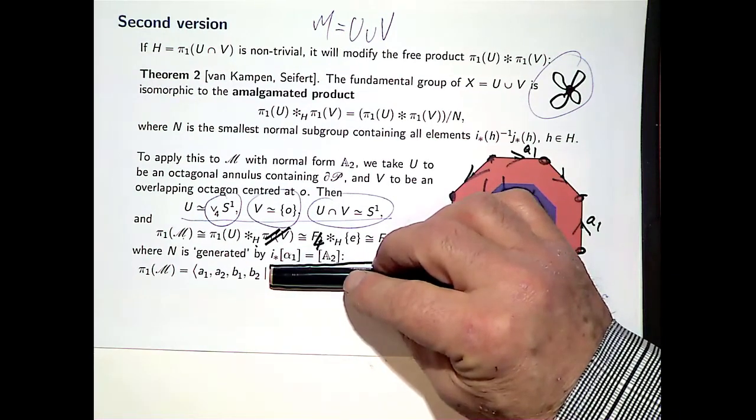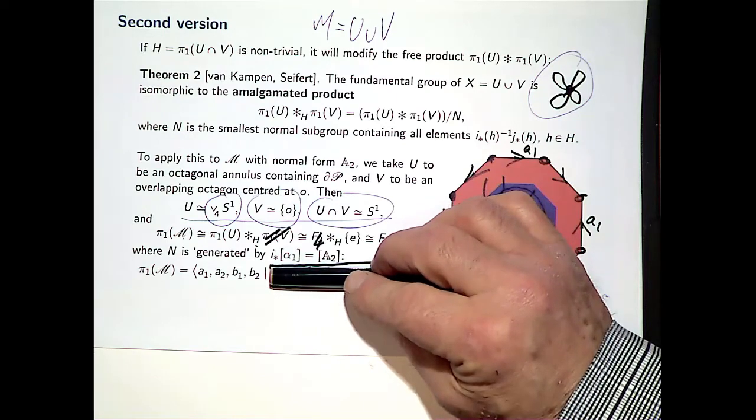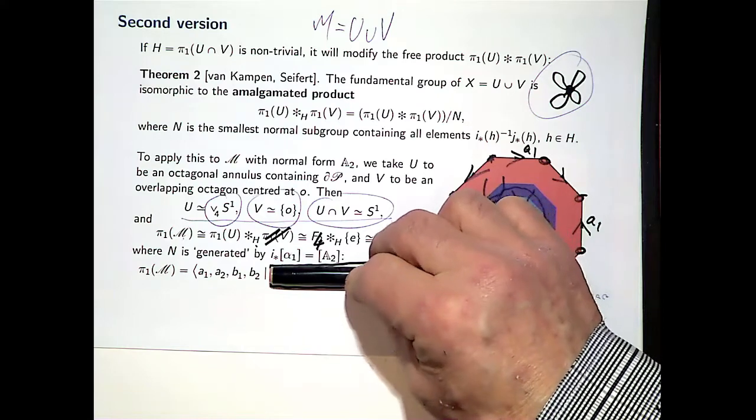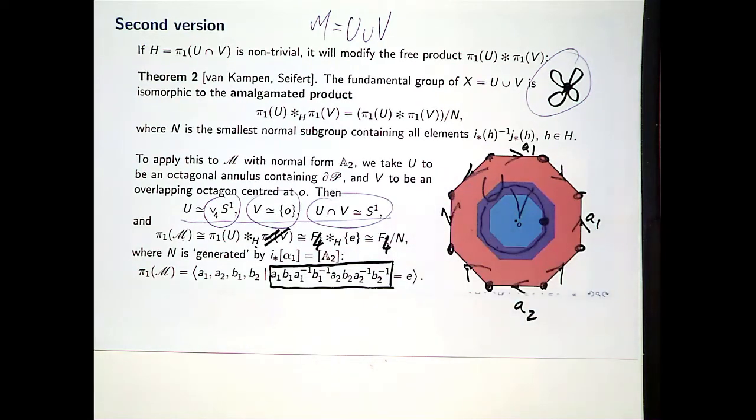But then because we have to take this H business, that corresponds to the fundamental group of the intersection, we have to relate the fundamental group of the intersection. So I've taken a loop around the intersection and related that to the fundamental group of U, and anything we get has to be thought of as the identity.